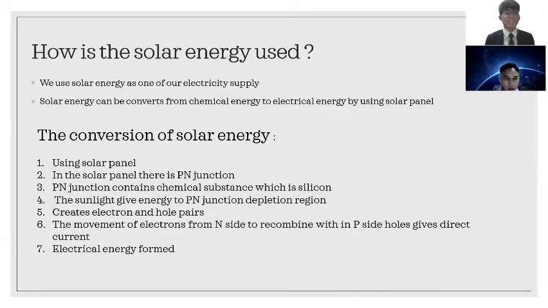So the sunlight gives energy to the PN junction depletion region, which is in between these two poles, which then creates an electron and hole pair. The movement of electrons from the n side recombines with the positive side to produce electric current, and from that energy is formed.